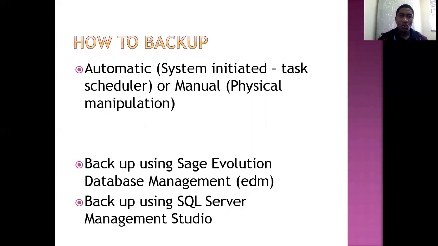Then you have the physical or manual method, where you have to initiate the backup. Right. How do we do backup in Sage Evolution? We do backup in Sage Evolution using the Sage Evolution database manager. Then in SQL, we also do backup using the SQL Server Management Studio.